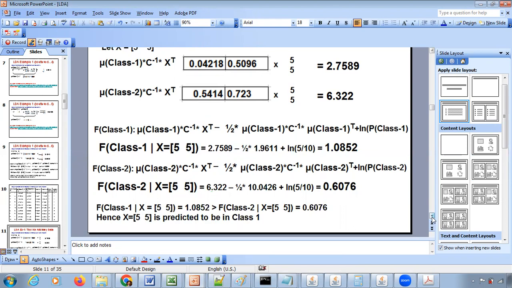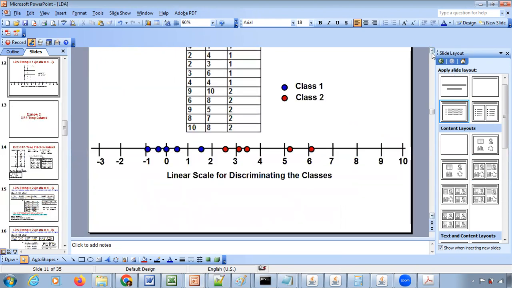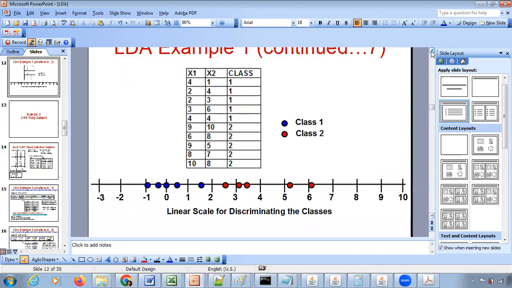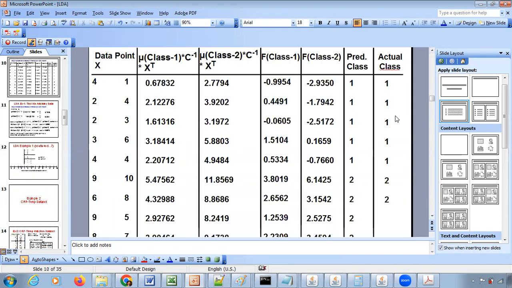Okay. So if you plot all the F values, as I showed before, for class 1 and class 2 for each of these data points, we picked the larger of the F values. So for this data point 4.1, we got two F values, negative 0.9954 and negative 2.9350.